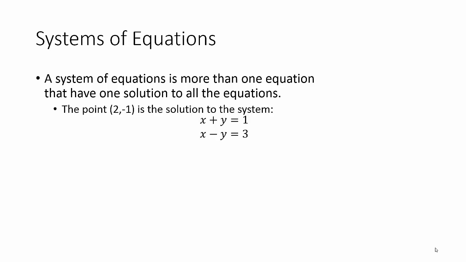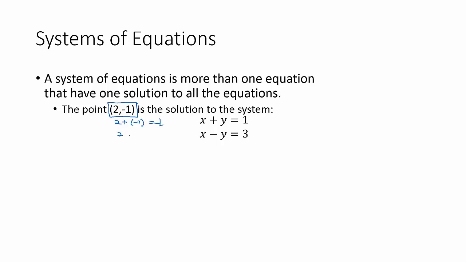So for example, I've got the equation x plus y equals 1, and the other equation x minus y equals 3. There is one point, (2, -1), for an x and a y that is actually the solution to both of those. Notice if we add them together, 2 plus a negative 1, we get 1.